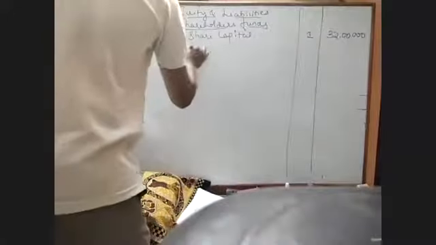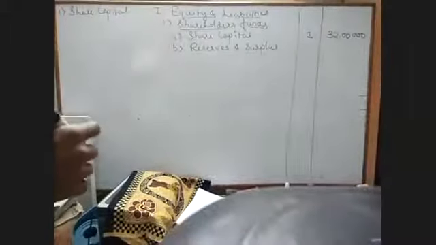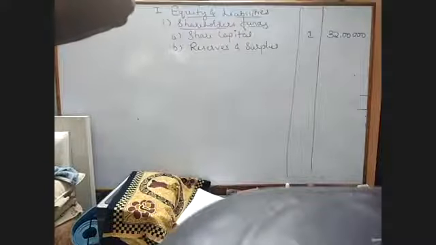Okay. Next, B, reserves and surplus. Under reserves and surplus, there is only one item, that is debenture redemption reserve, which will be 6 lakh.